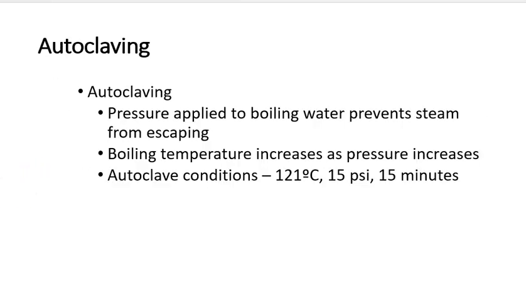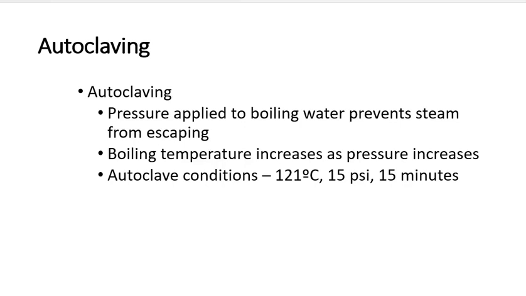All right, autoclaving, as I mentioned, is pressure applied to boiling water, and it's encased so the steam cannot be released, and you get it up to boiling temperature. The pressure increases, and at 121 degrees Celsius, 15 psi for 15 minutes, it will kill anything.